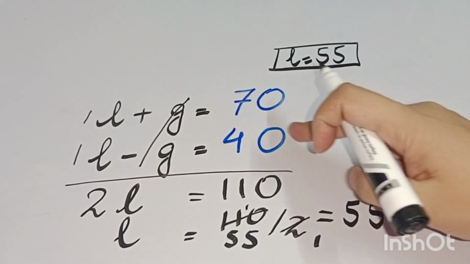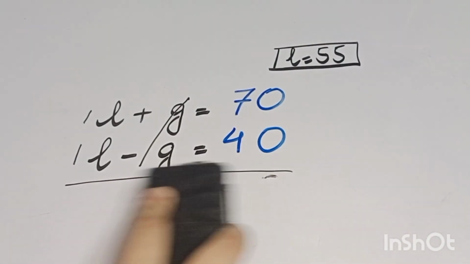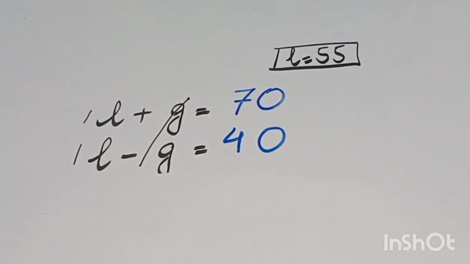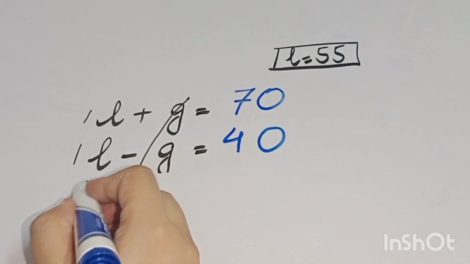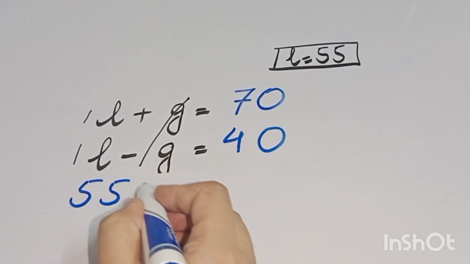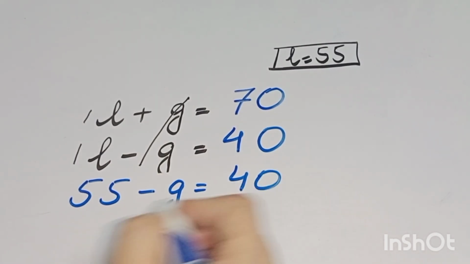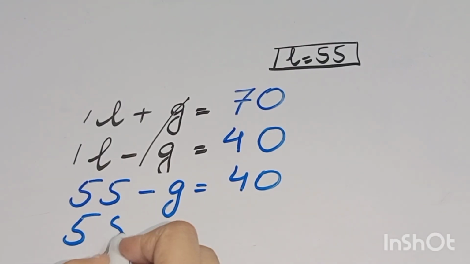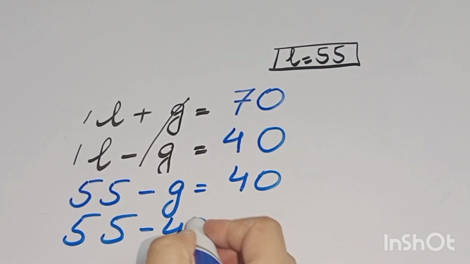Now we have to find the value of G. Here simply put the value of L in the second equation. I will get 55 minus G is equal to 40, and 55 plus 40, here it comes minus 40.